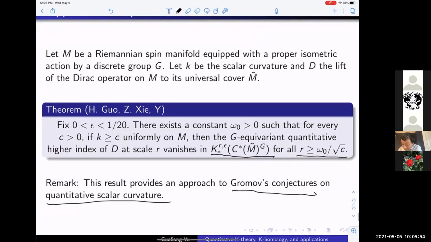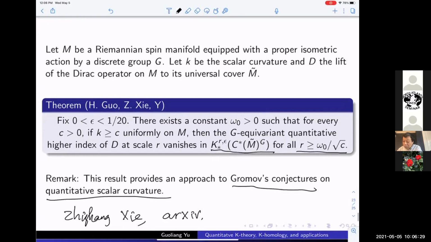Now I should mention Zizang. Zizang wrote a spectacular paper recently on arXiv. He went further. So this paper is on arXiv if you're interested. He used this kind of operator K theory to prove quite several of Gromov's conjectures. I think it's a really spectacular piece of work.